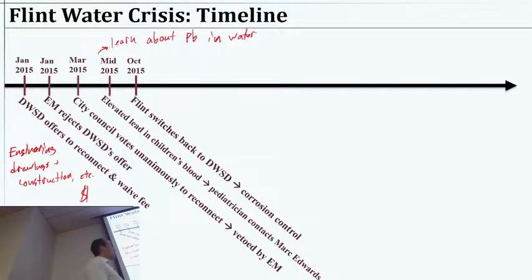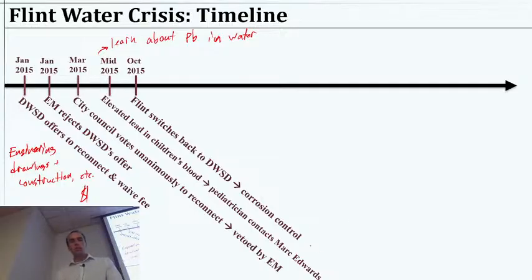So by October, it was clear enough to everybody that the mistakes were really, really bad. October is when Flint switches back to the Detroit Water and Sewerage water, which did have corrosion control and did have adequate treatment that they had been using for many, many years.